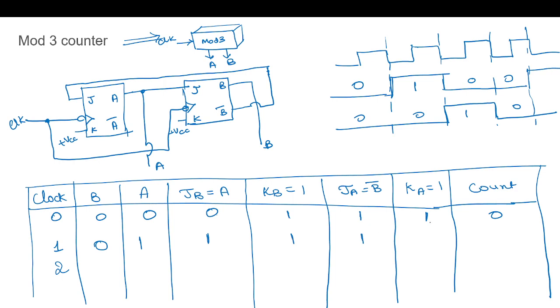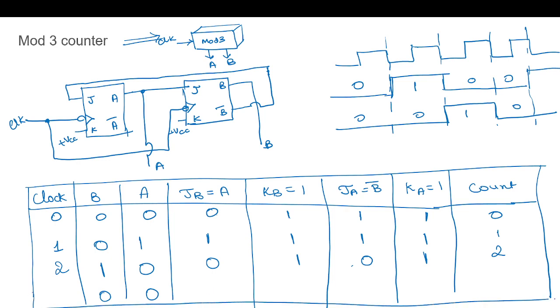It is A bar, this is 1. So both are in toggle state. So again A 1, B bar 1. And now 0 1 is reset, 0 1 is again reset. So with this we are in the 0 state. So you can see it is counting 0 0, 0 1, 1 0.